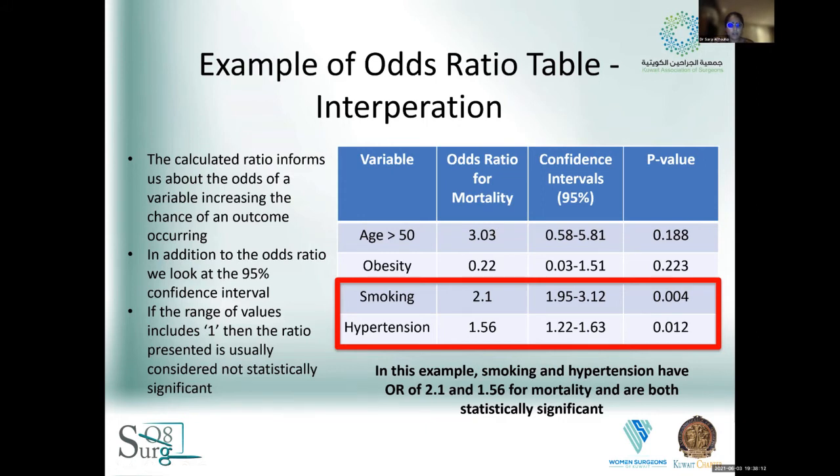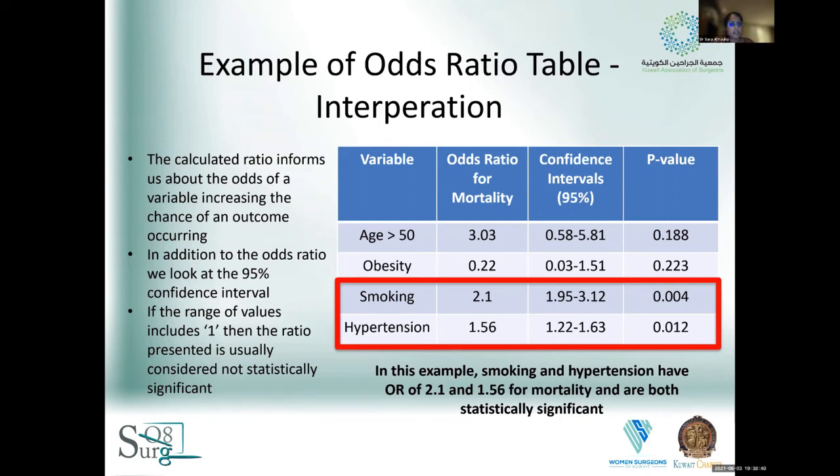So for age above 50, the ratio is 3.03, which means in our group, the odds for mortality are 3 times more likely in one group compared to the other. For obesity, it's 0.22, which means the odds are less in this group, almost like obesity is protective. Then we have smoking and hypertension, 2.1 and 1.56.